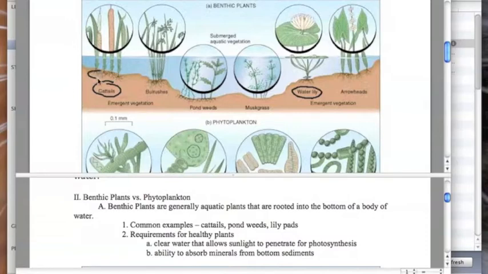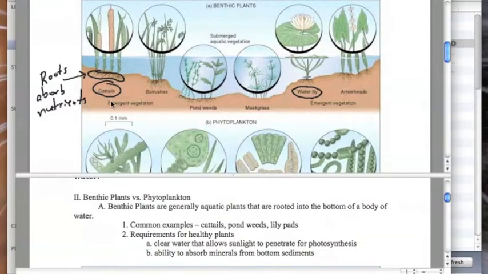Benthic plants often have their roots in the soil, and their roots in the soil are going to help them absorb key nutrients that they need as part of their life cycle.